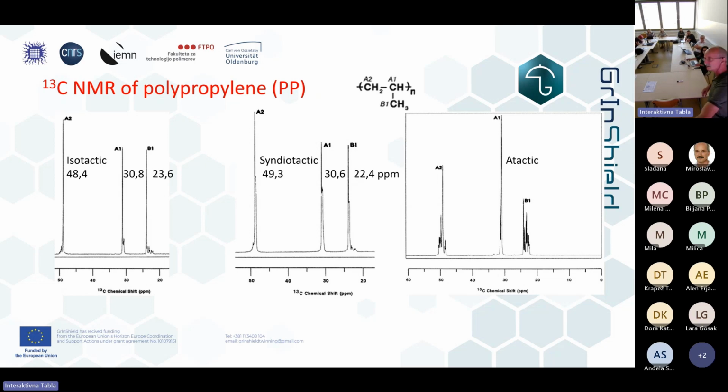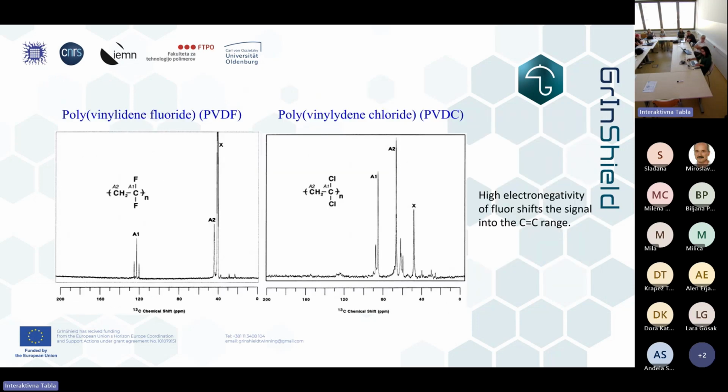And if we look at the spectrum of atactic, we see just broad signals at relatively the same position. So from this, we can see what kind of tacticity our polymer has.